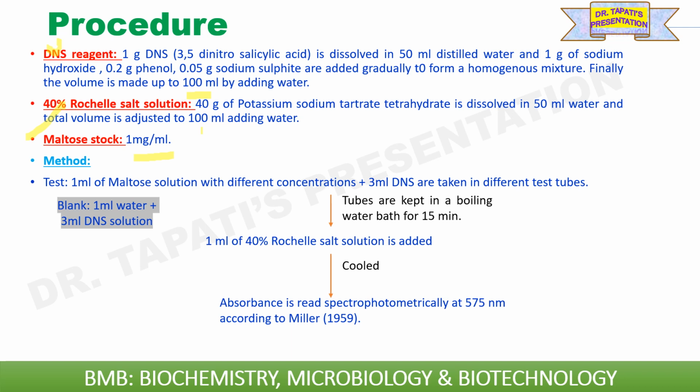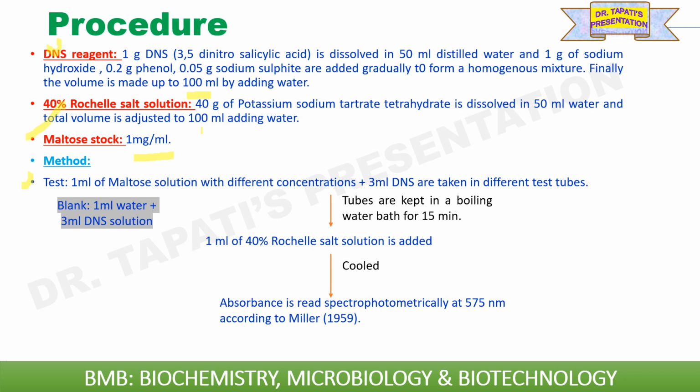Let's know the method. In the test sample, we need 1 ml of maltose solution, that is 1 mg per ml, with different concentrations.